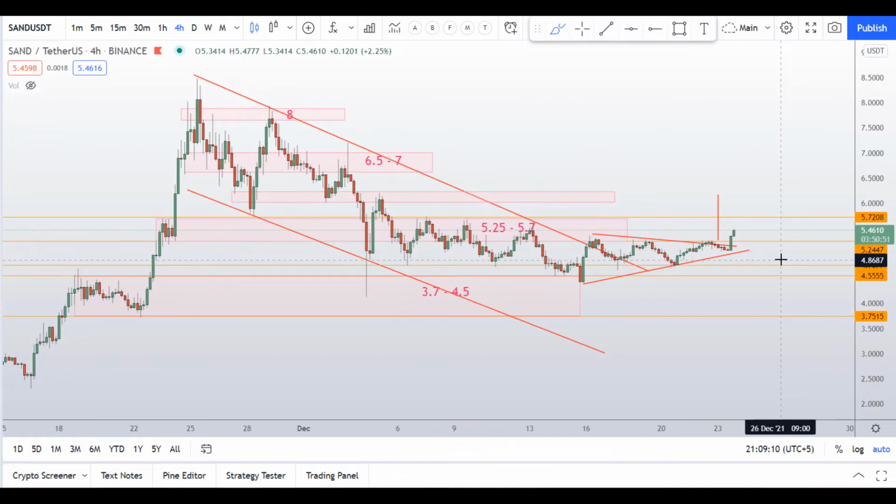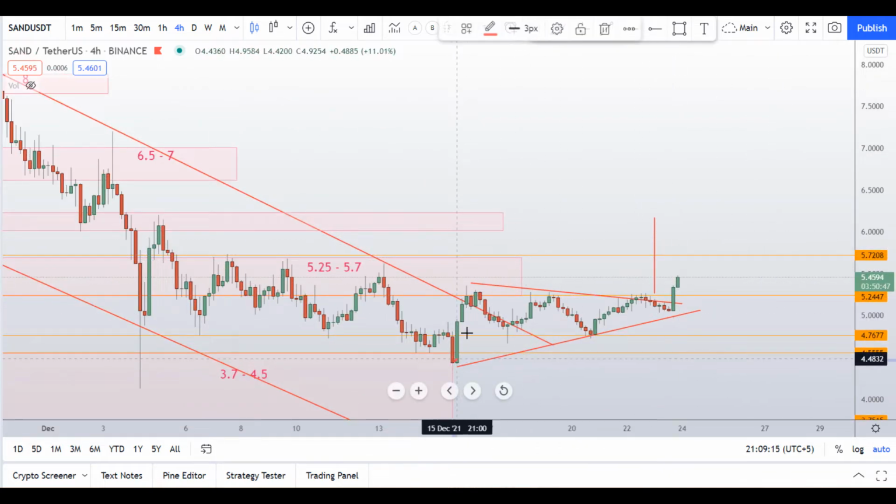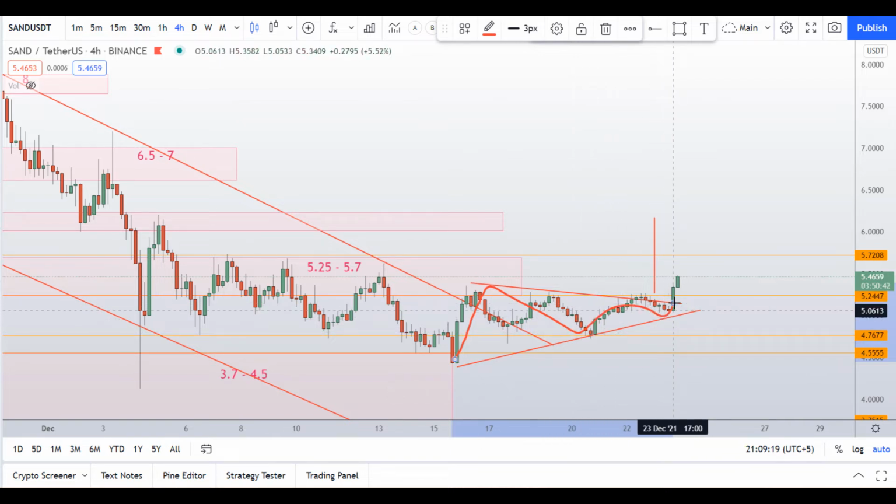And within this sideways pattern we spotted this triangle pattern, and I told you that sooner or later price will break either to the upside or to the downside within this triangle pattern.